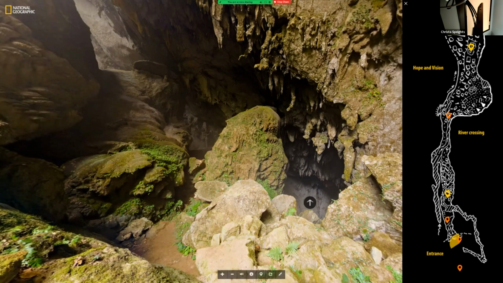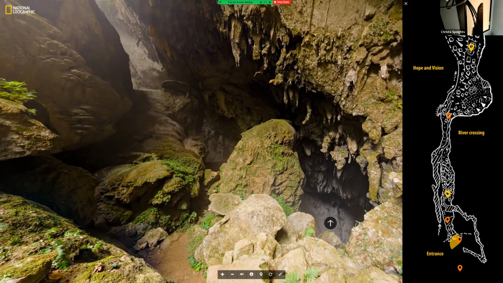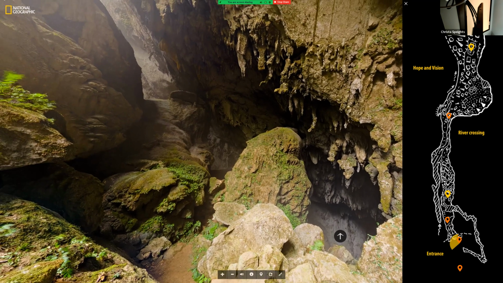So now we're just inside the entrance, and this cave has only been known about for a little while. It was discovered in 1991, but the person who found it didn't right away record where it was, and he didn't go back again until 2009.